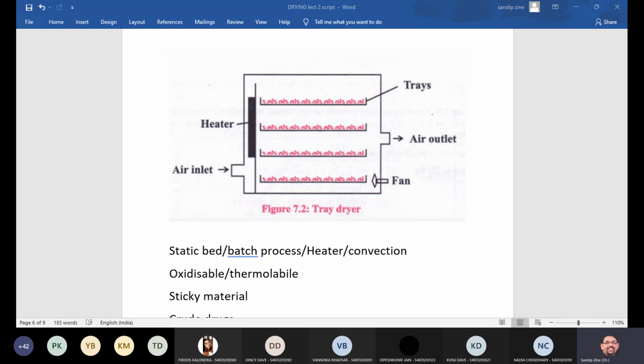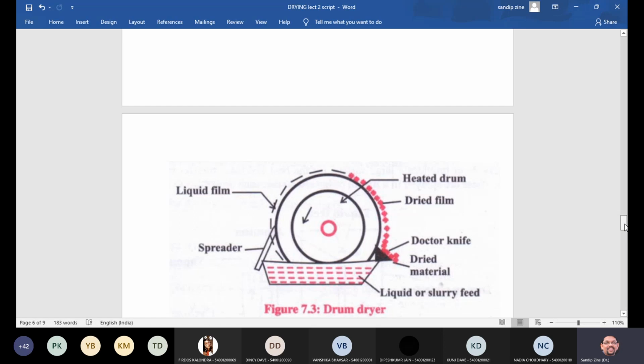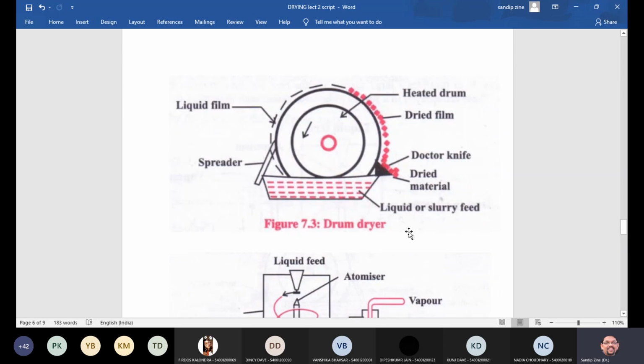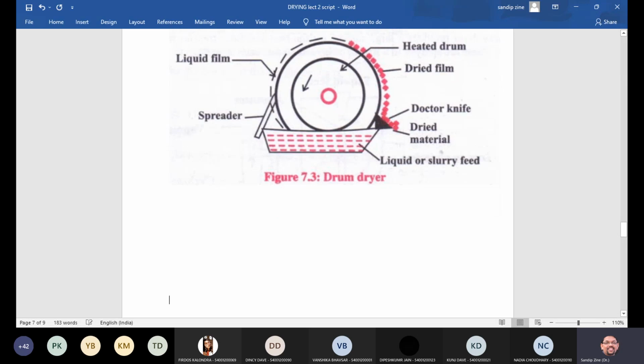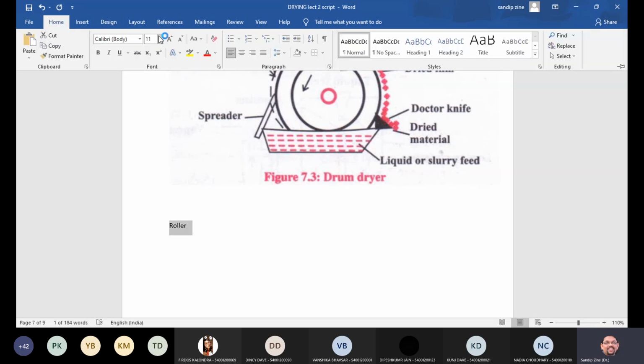Then we will move on now to the second point, which is called a drum dryer, or another word for drum dryer is roller dryer. If you talk about this drum dryer, I just mention one name, that is roller dryer.